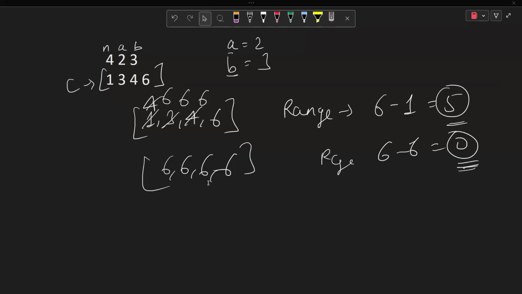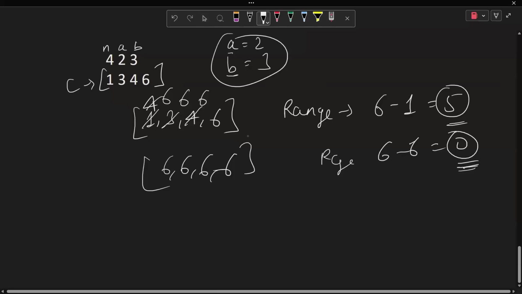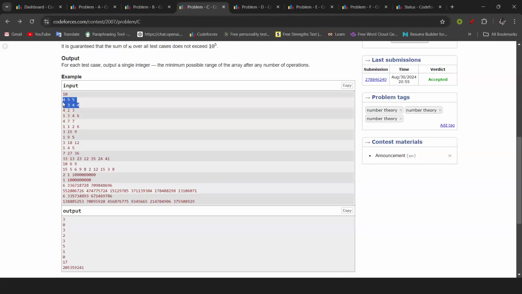Now let's say that instead of two values A and B, you have just a single value. Like for the first test case, both A and B were equal to 5.